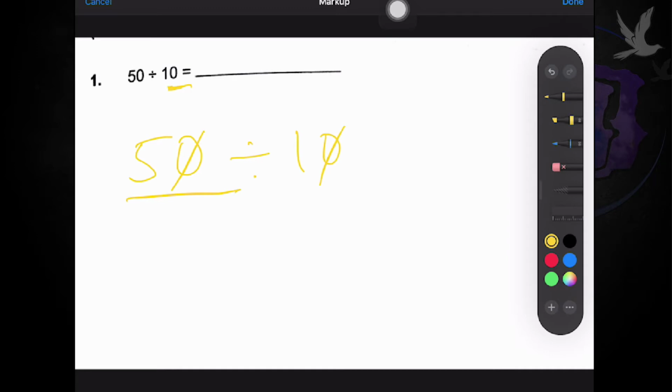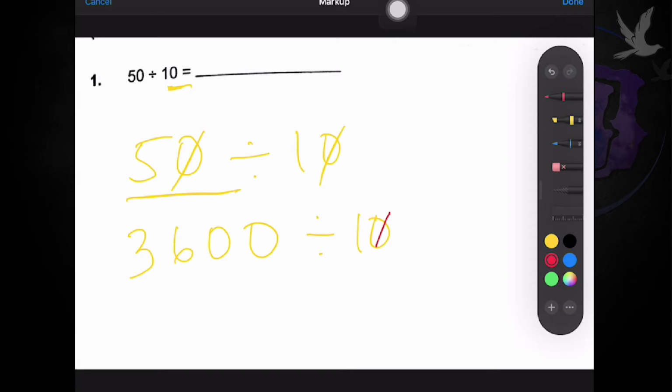Okay, so let's try another example. Let's say you have 3,600 divided by 10. Like what I told you earlier, just cancel first from our divisor, which only has one zero.